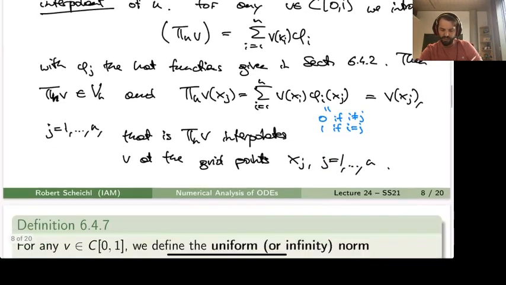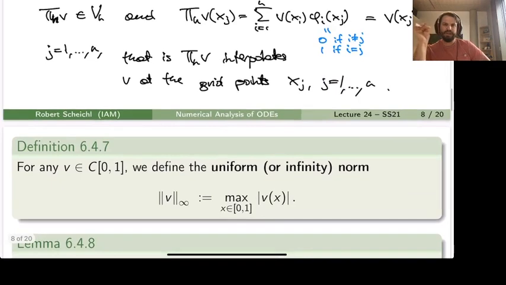And for that we need a norm. So we first of all recall the norm that I've already defined in Numeric 0, and maybe we've used it also already in Numeric 1, I can't remember. But for any continuous function v in C0 of 0, 1, the uniform or infinity norm is simply taking the maximum of the moduli of v of x. So basically the maximum absolute value of the function at any point on the interval.